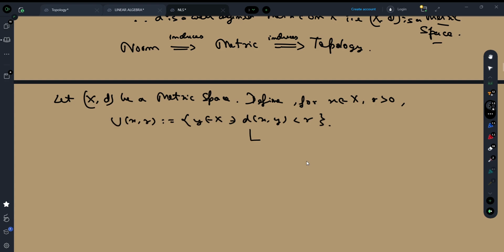So this is called an open ball of radius r and center x.